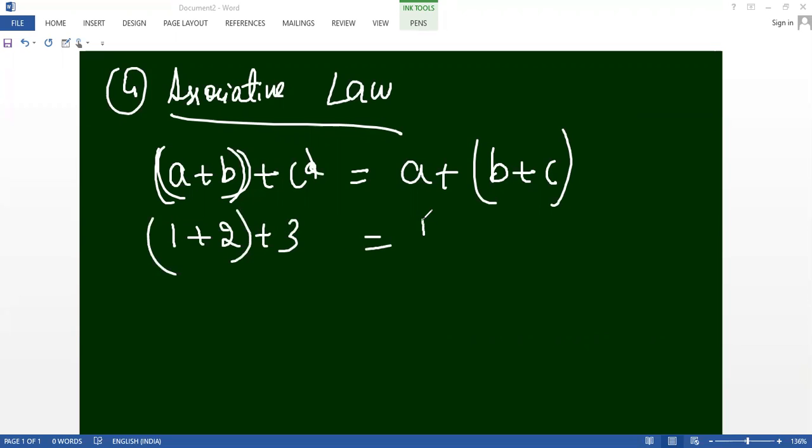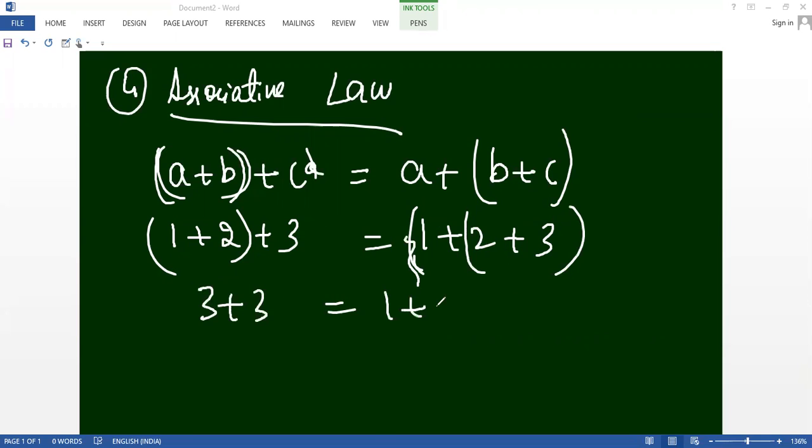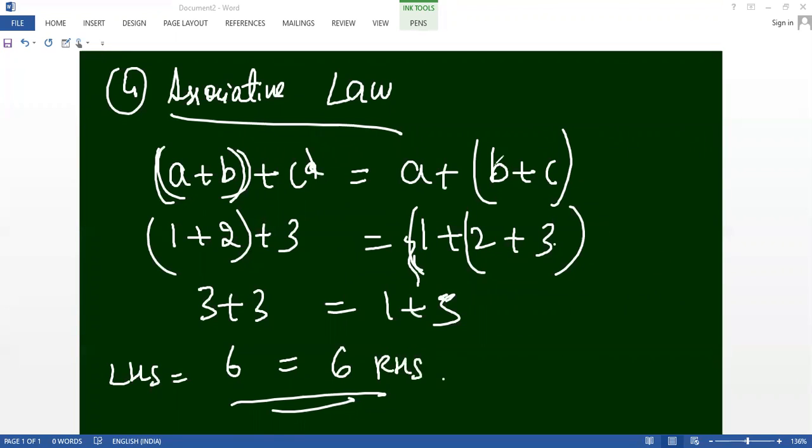Now here the bracket changes: I put the bracket on the last two terms. So 1 plus 2 is 3, plus 3 is 6. And 1 plus 5 is 6. So 6 is equal to 6. Both will be the same, LHS is equal to RHS. So this is the associative law property.